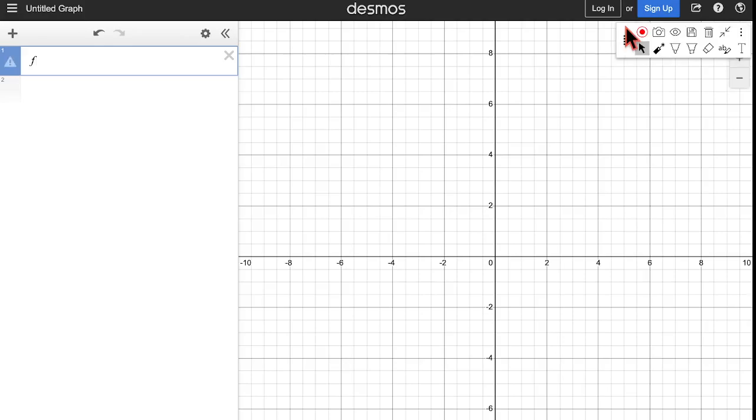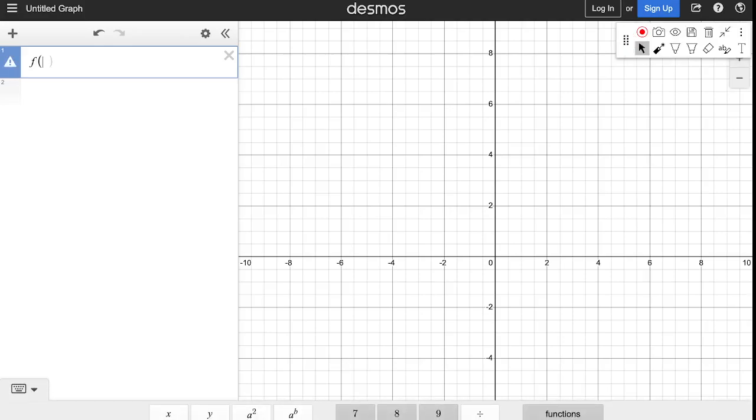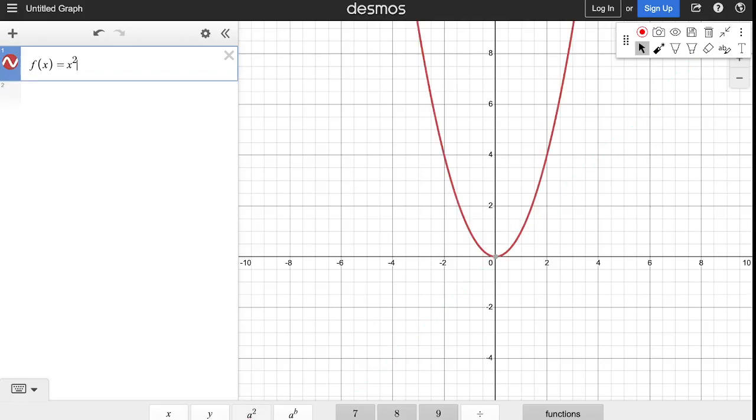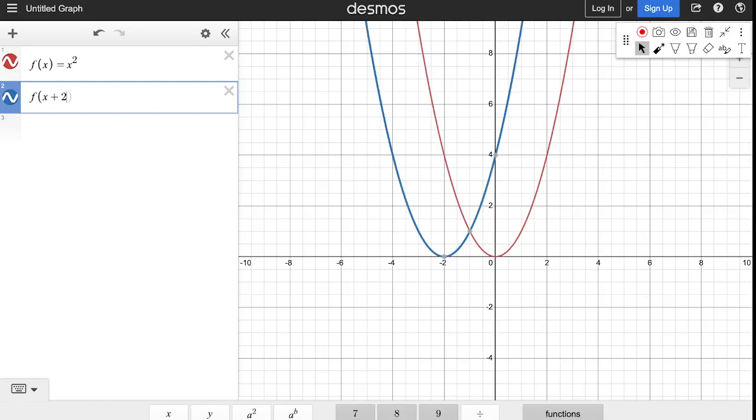So let's go ahead and put f of x. We'll just make it equal to the base function, which is x squared. So there's that. We'll come down and take f of x, and the first thing we're going to do is inside that function add 2, and that should move it right.